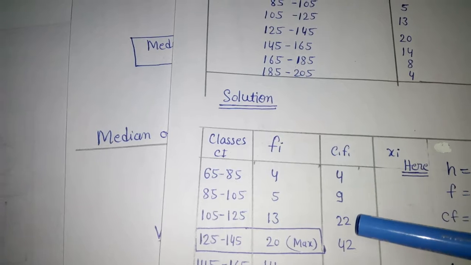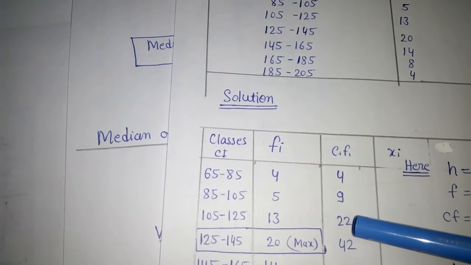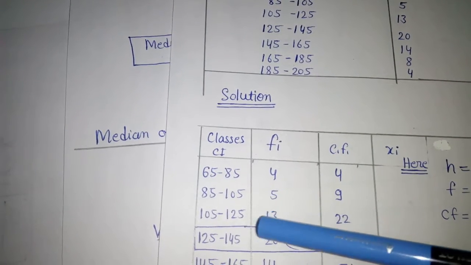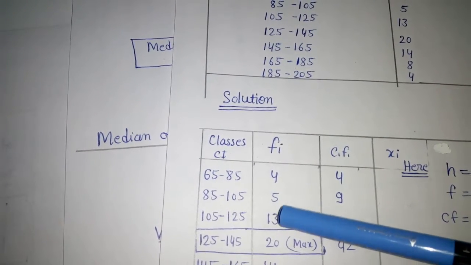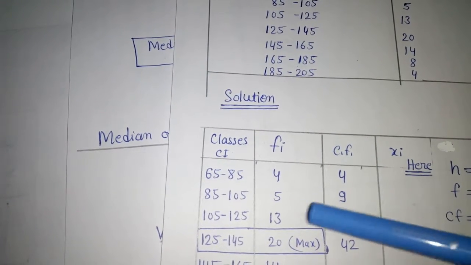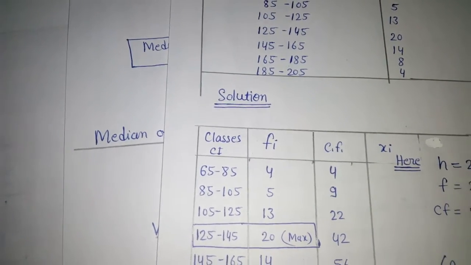The frequency of 105 to 125 became 22 because this frequency was added to the previous cumulative frequency 9.